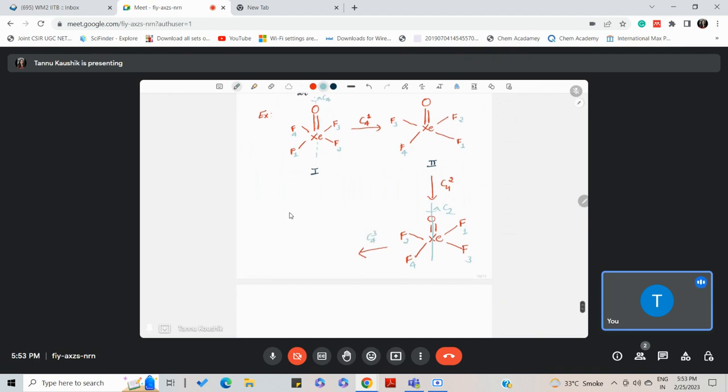And if we take this C4^3 axis of rotation, what will be the configuration? Let us check.